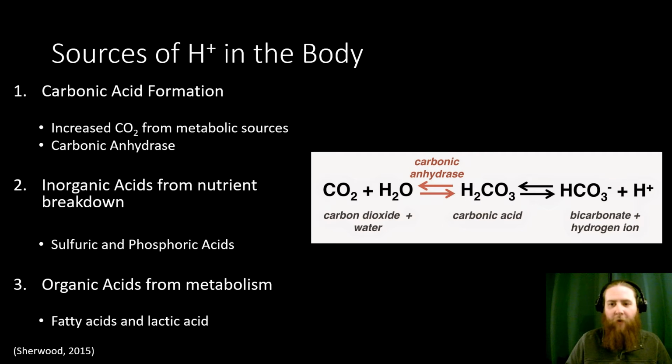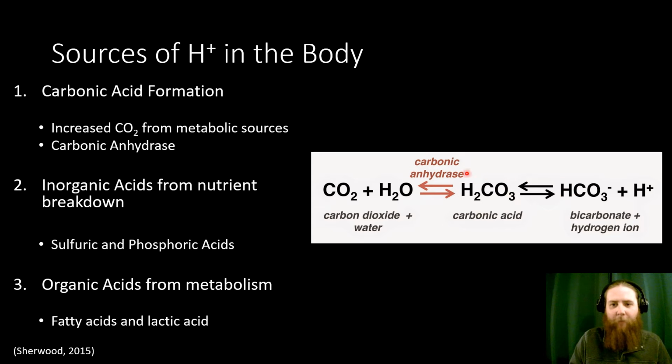So how do we get acidic or basic blood, or acidic or basic fluid? There are 3 sources inside of the body for how we get this acidicness. The first is carbonic acid formation. In this example we have carbon dioxide and water in the bloodstream or bodily fluid, and it's getting converted by carbonic anhydrase to carbonic acid, which will dissociate.